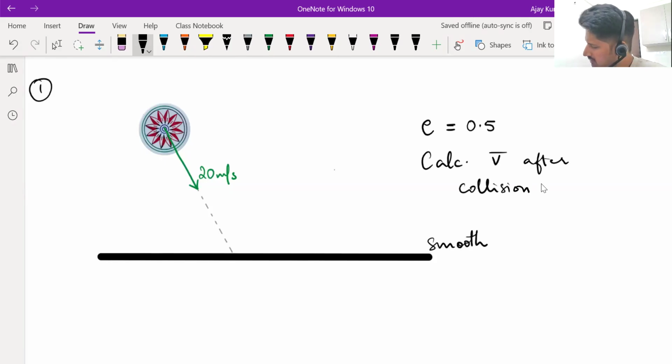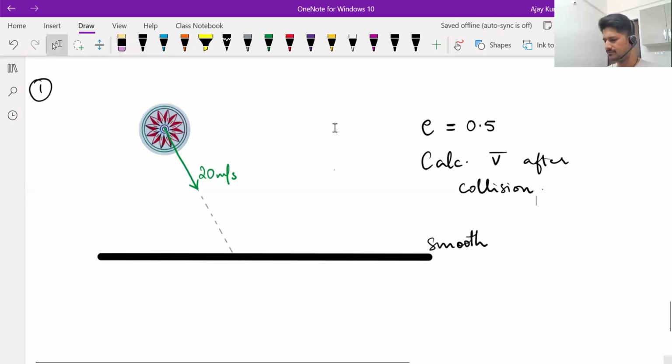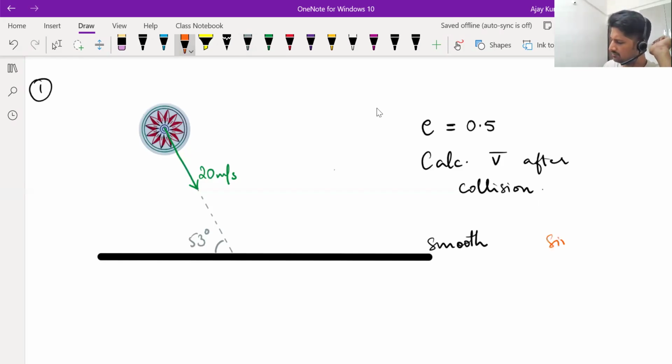Needless to say, the frame is at rest before and after collision, okay? Only the striker is moving. I have to give you at what angle it was moving. 53 degrees. I hope you all remember these values. Sine 53 degrees is 4/5. Cos 53 degrees, 3/5.